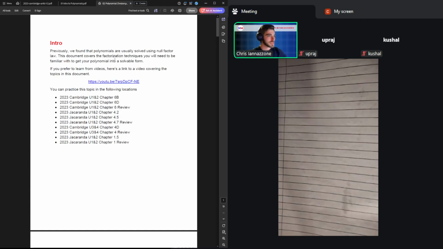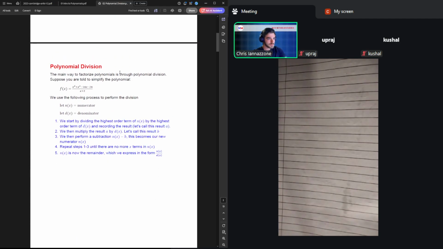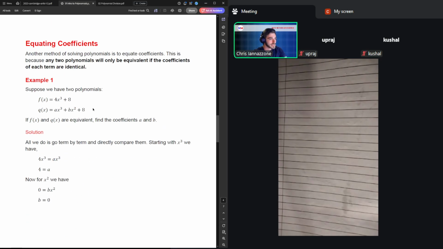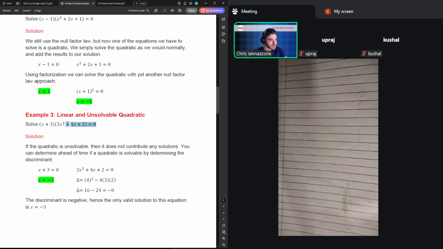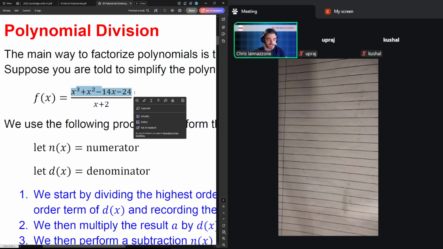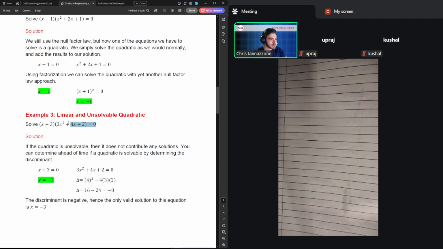All right, next up, polynomial division. Basically, the purpose of polynomial division is that it gives us a way to get our polynomials looking kind of like this, where instead of having a string of x squared, x cubed, whatever, x to the power terms, we want to try and get it into a state where we have a series of factors that we can actually solve.